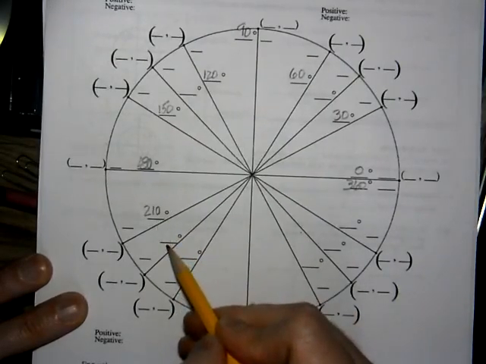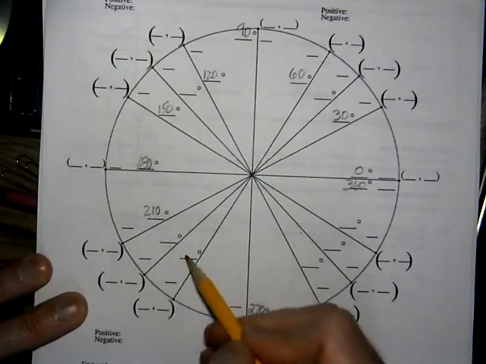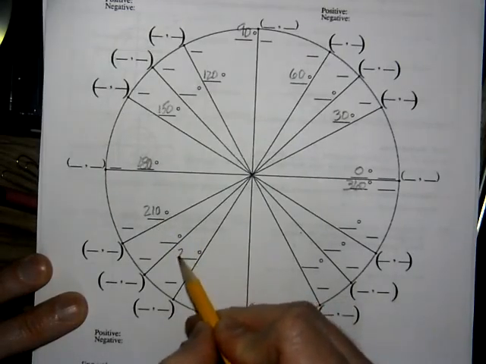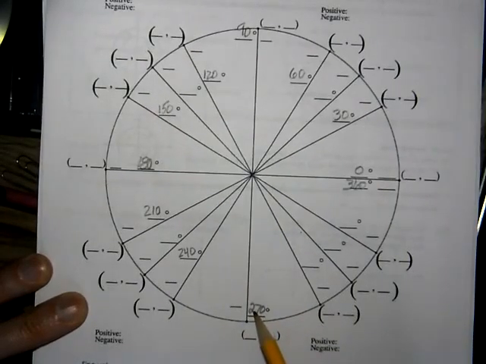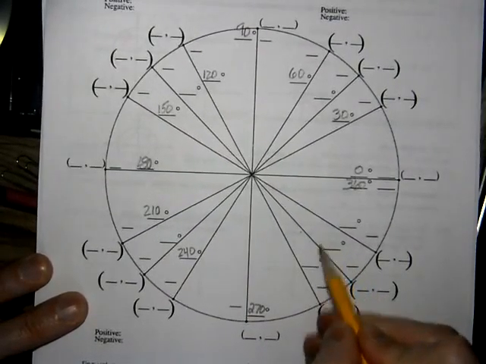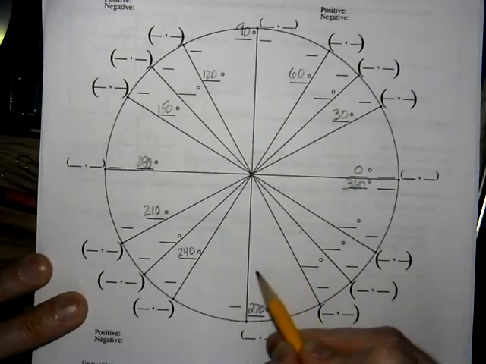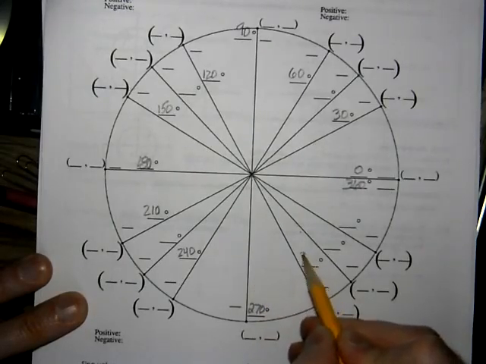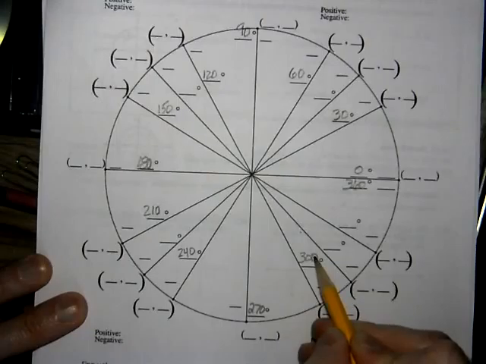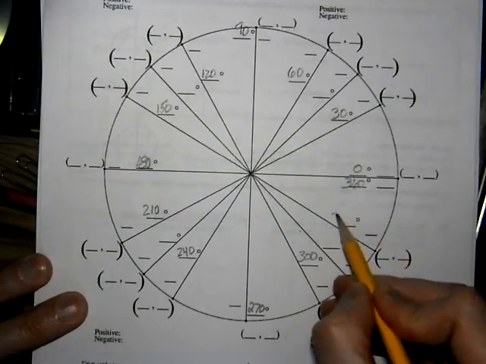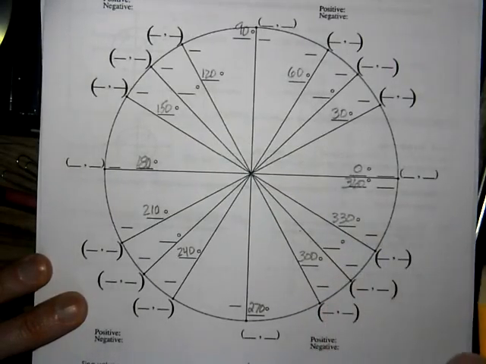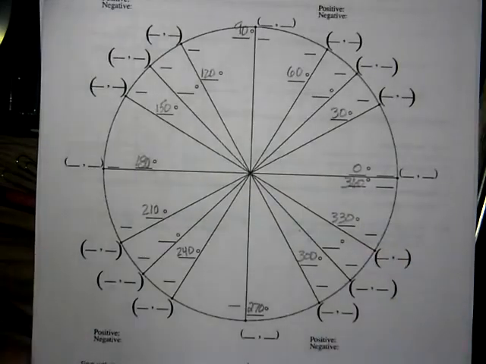We don't stop at the halfway point. 30 more would come over to 240, 270. A big angle, 300. This is a small angle, but it's big to get over to it. So that's 330. And then, of course, 360.